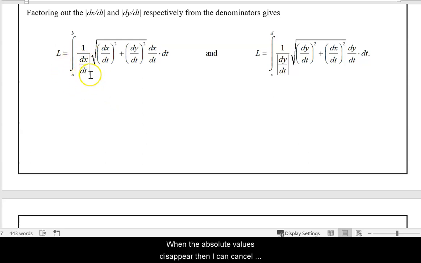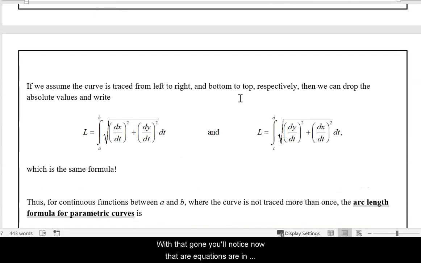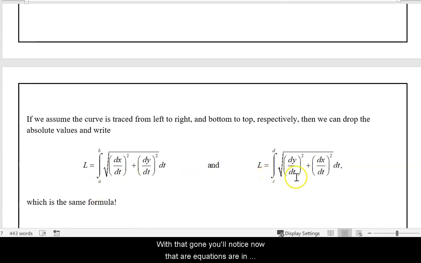When the absolute values disappear, then I can cancel the dx/dt from the differential with the 1 over dx/dt at the front. I can do the same with the dy/dt in the differential on the right and the 1 over dy/dt at the front. With that gone, you'll notice now that our equations are in fact identical.